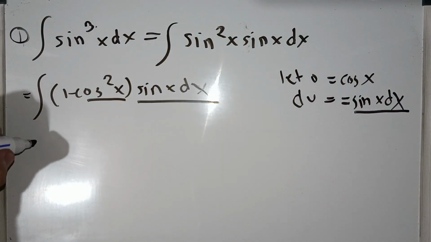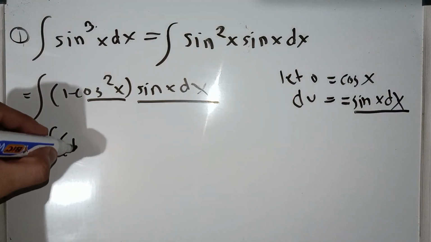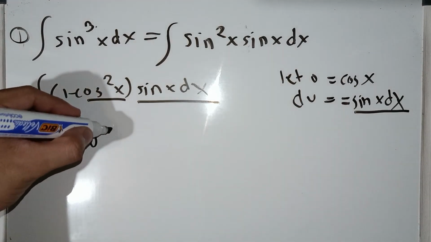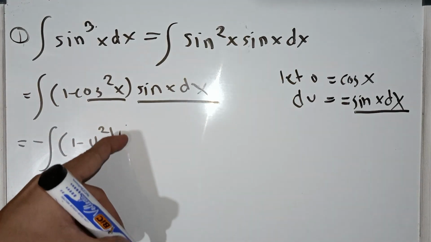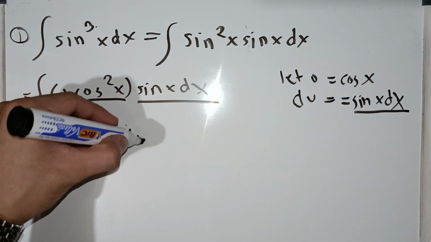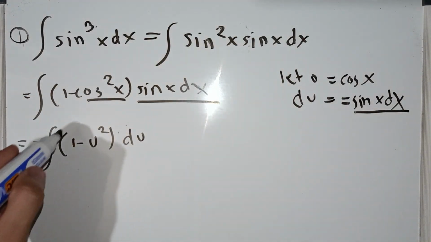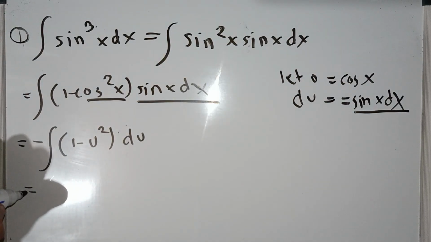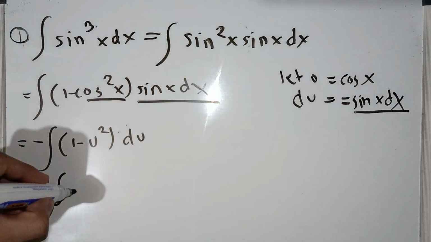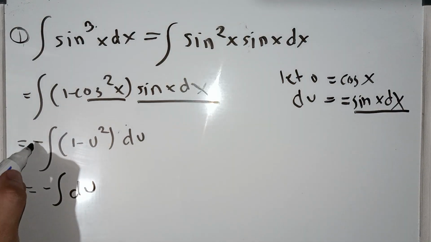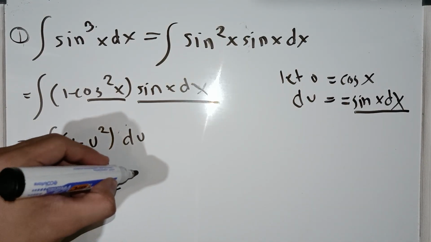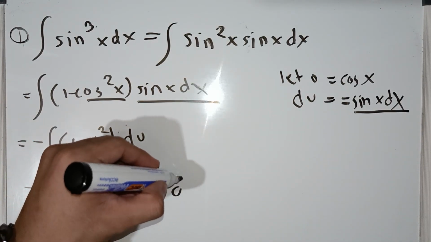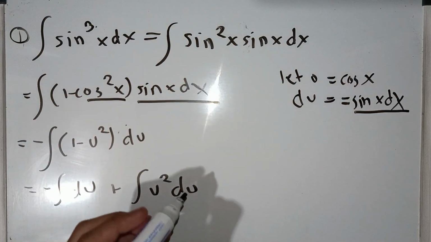So we will have negative the integral of 1 minus u squared, and since sine x dx is equal to du, we substitute the value. Breaking it down and distributing the negative sign, we now have negative the integral of du, negative times negative, so it becomes positive integral of u squared du.